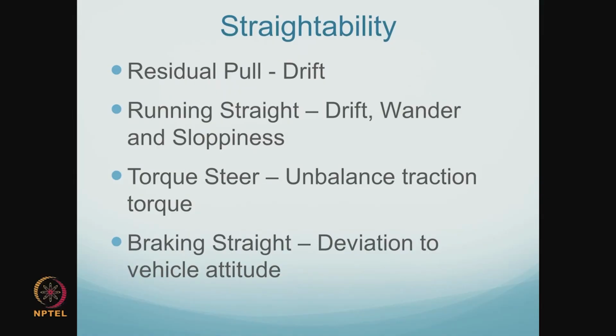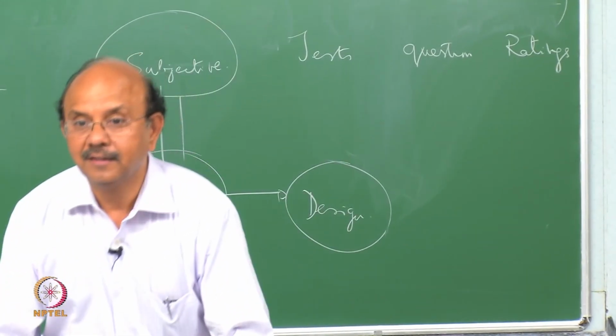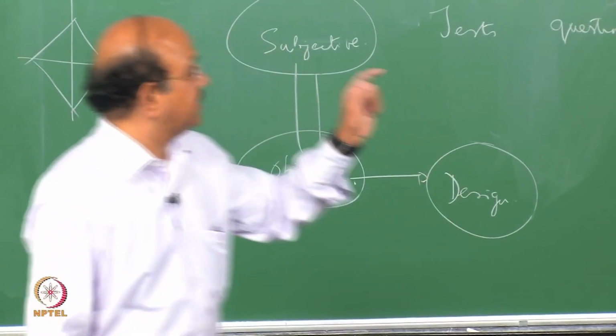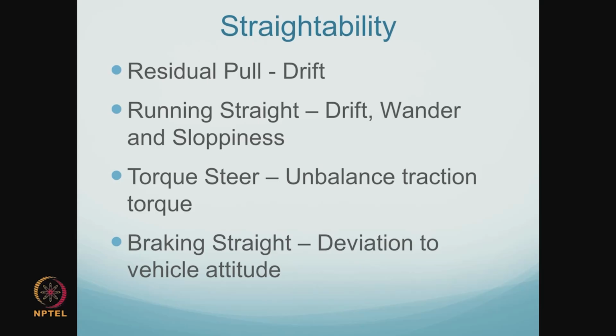Then running straight, this is one of the reasons for it not to go down or not to go to one side. Then there can be other things. When you run straight, the tire may not be the reason for it to drift.